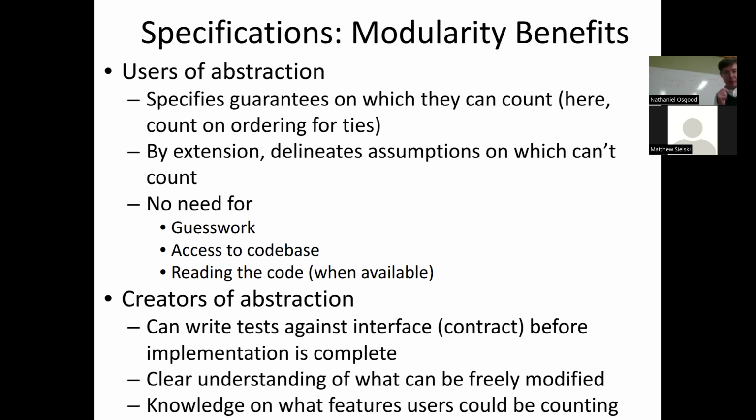You know you're free to do that. But you know you're not free to replace it with a quick sort, because that would violate the features on which others might be counting. Are we following? Okay. Now, users of the abstraction.